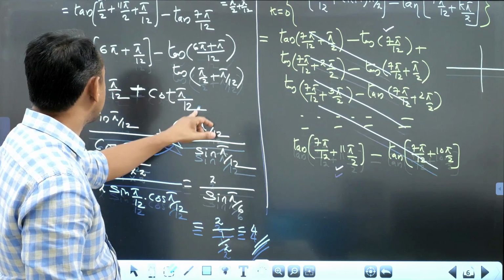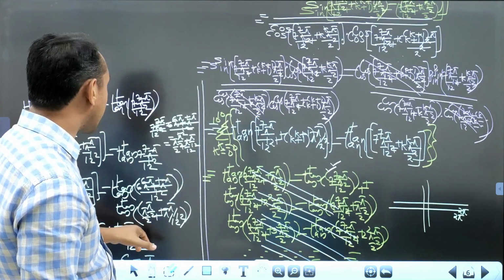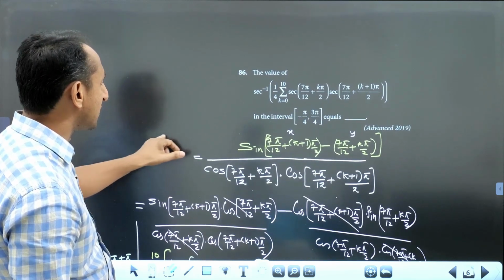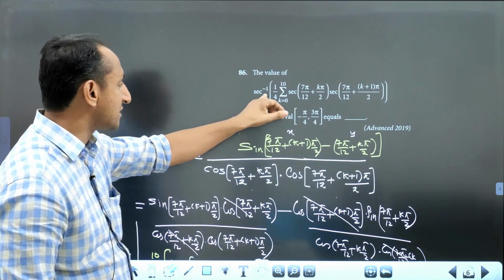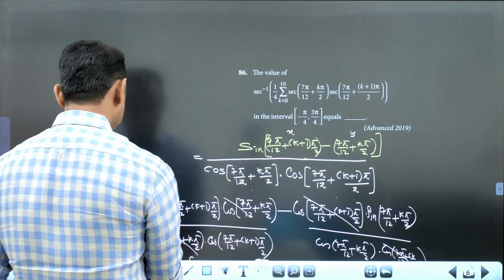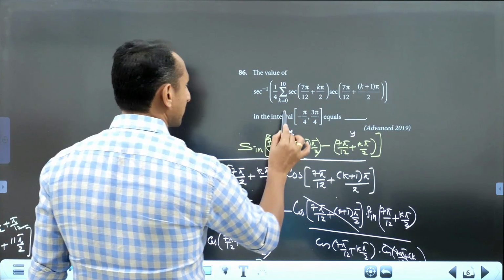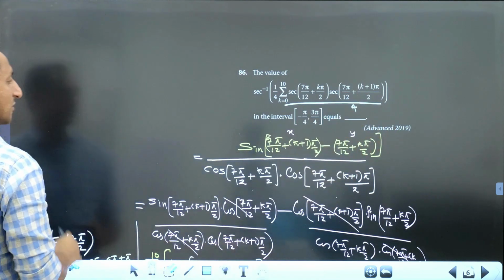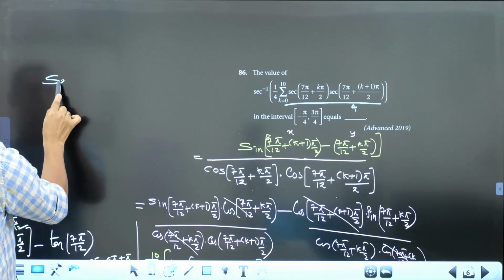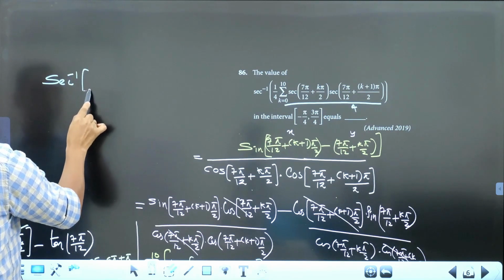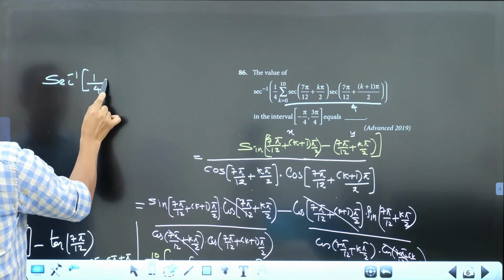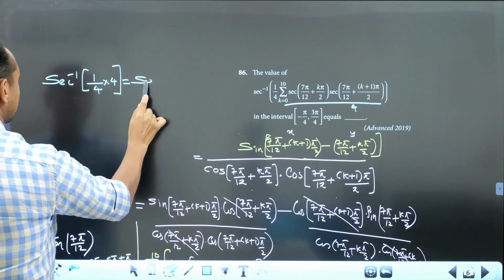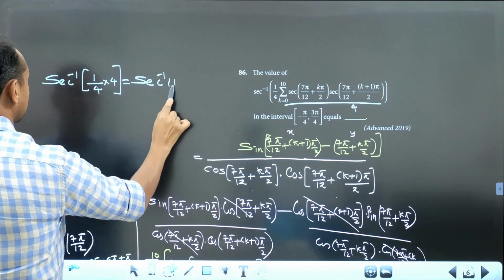See, we simplified the terms inside the bracket. Inside the bracket, finally we reach 4. So our question is sec inverse of 1 by 4 into 4, which is equal to sec inverse of 1.